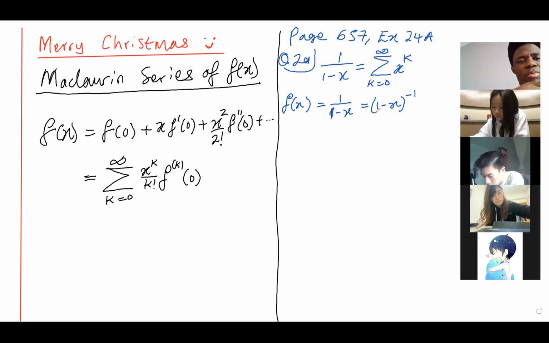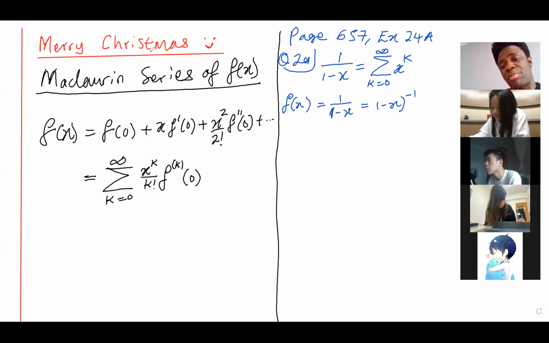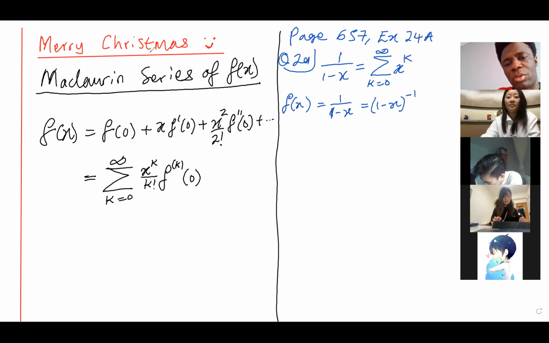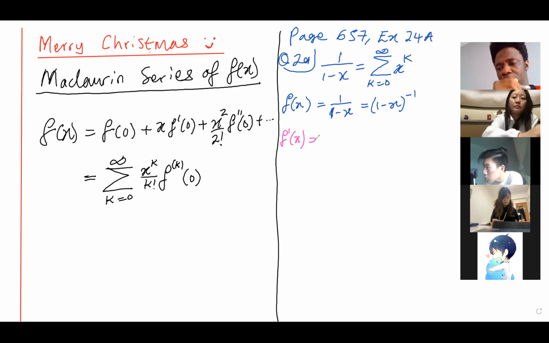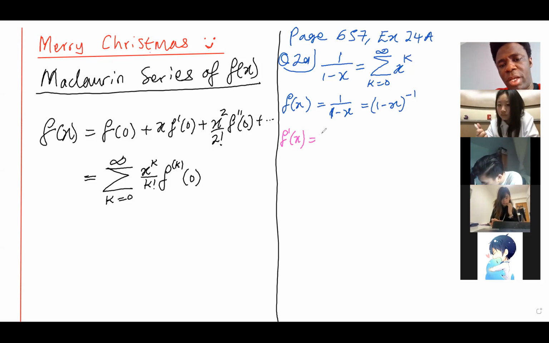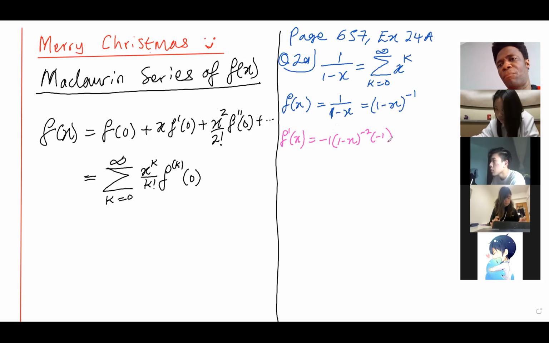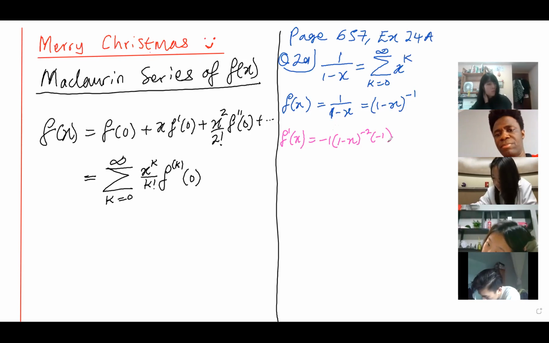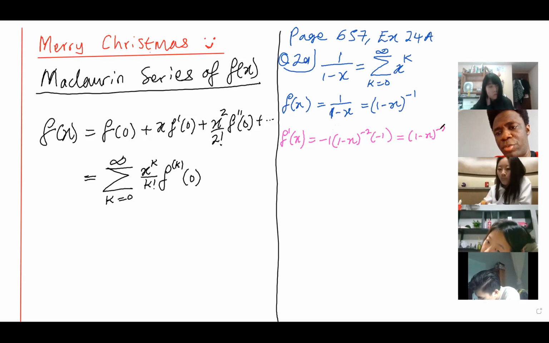Okay, I'm not going to use the approach in the example that you have just listened to. I'm going to do the derivative. So as a beginner, you might just want to do the derivative. So all you have to do is find the first derivative. So let's do that together, please. Our first derivative will be minus 1, 1 minus x to the power minus 2 multiplied by minus 1, which will be, minus 1 is gone, so just 1 minus x to the power minus 2.